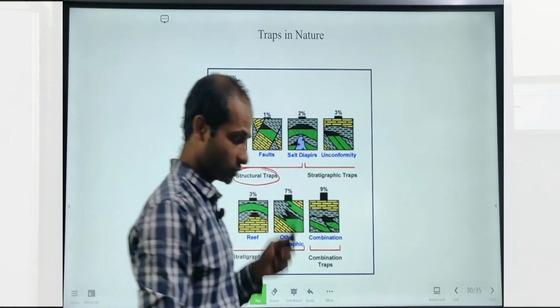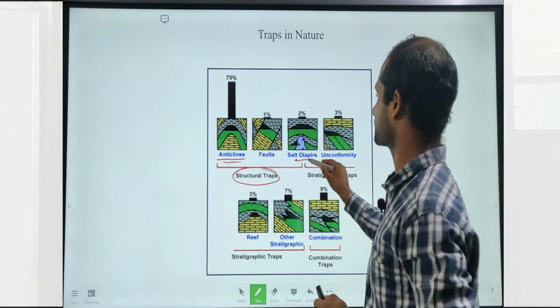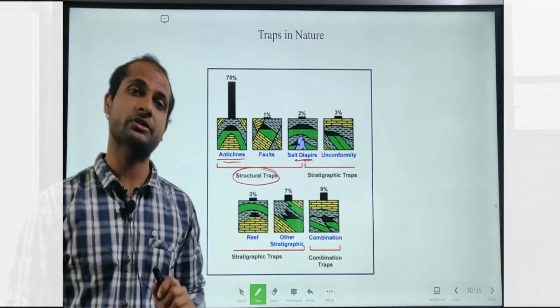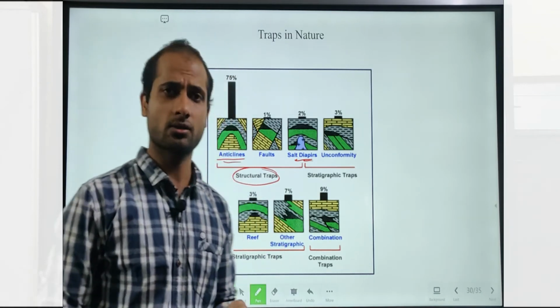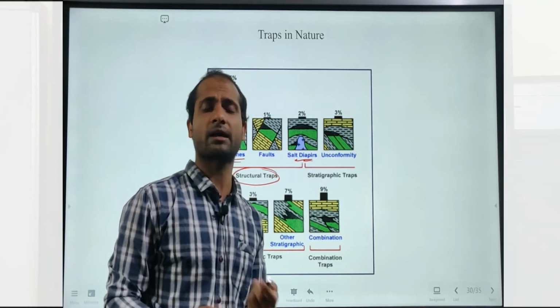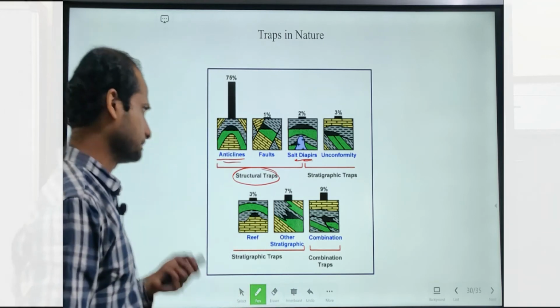One more thing, in structural trap I did not discuss the salt diapir. What is a salt diapir? Usually salt diapir is associated with the Middle East. Here in India we don't get any trap associated with salt diapir because we don't have any abundant evaporite deposit in India.